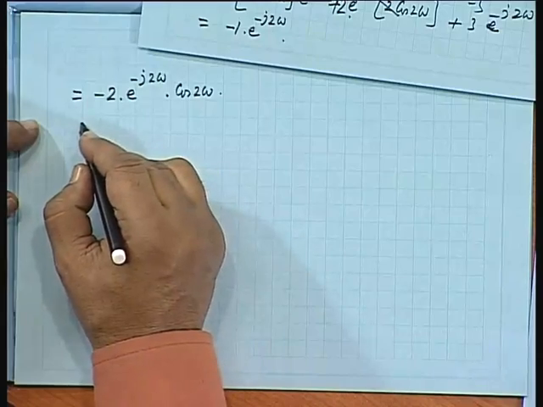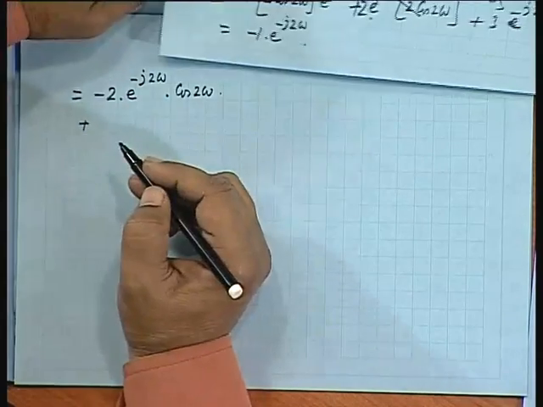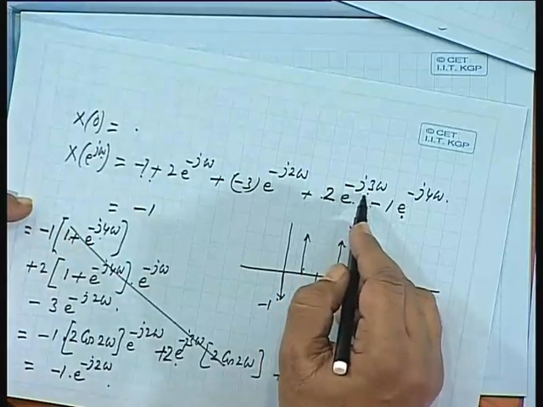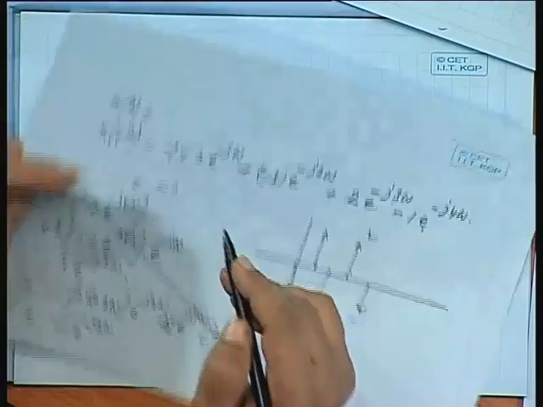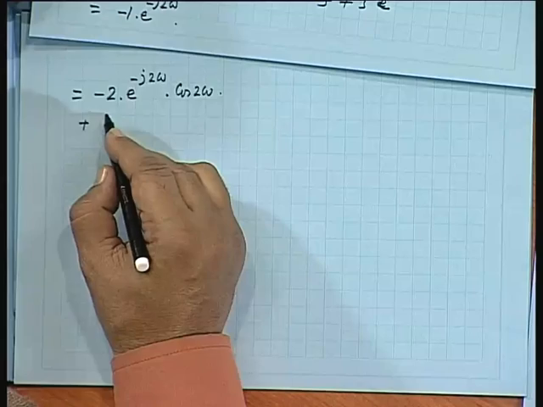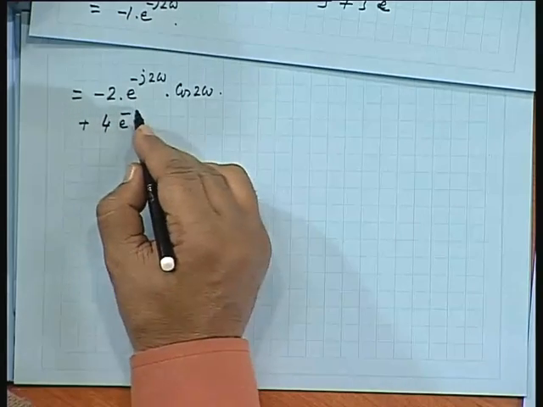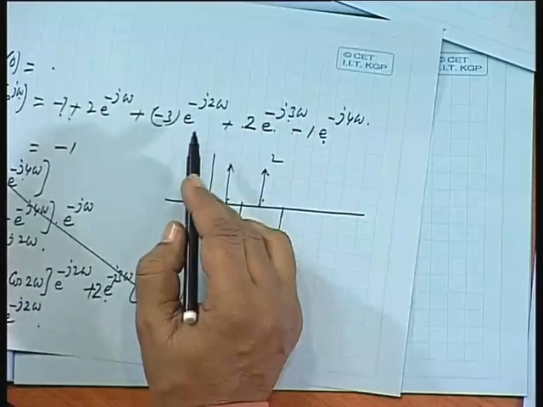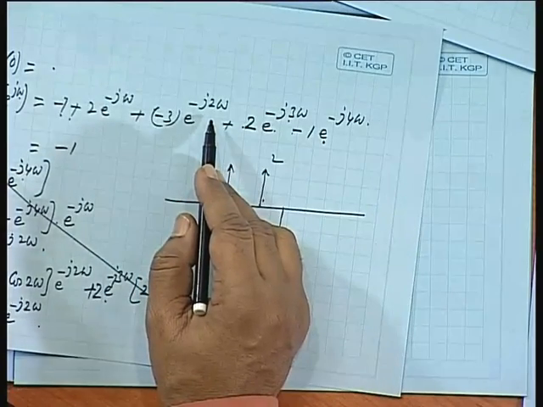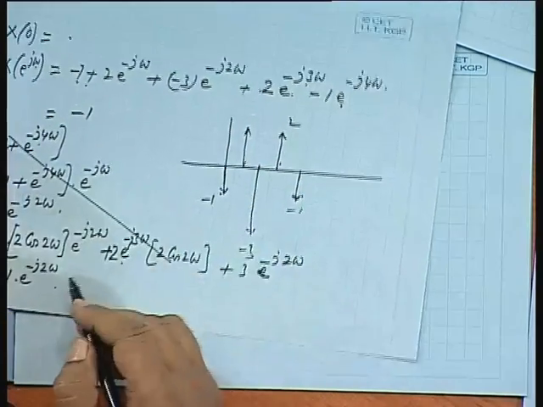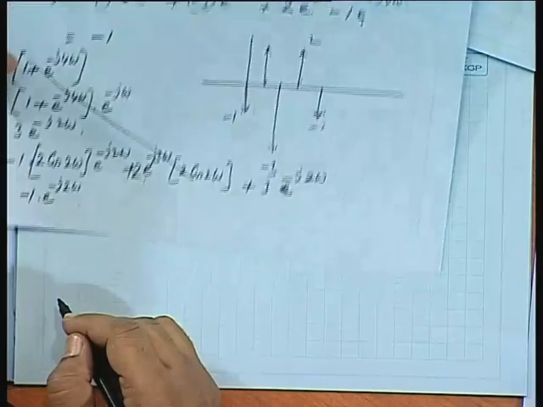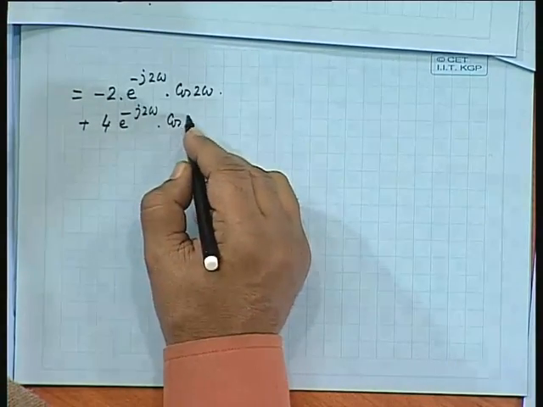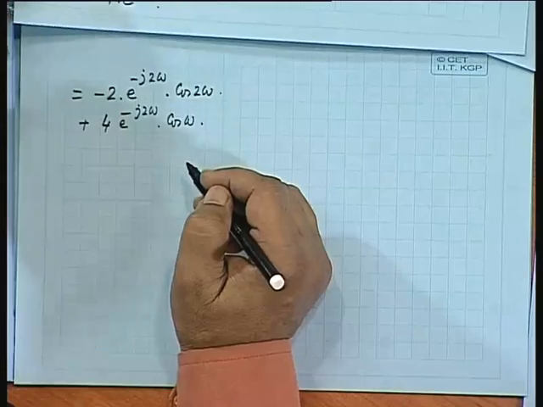Then next one, 2 into e to the power minus j omega, 2 into e to the power minus j 3 omega. If I take e to the power minus j 2 omega common, so 4 into e to the power minus j 2 omega into cosine omega. Is it all right?